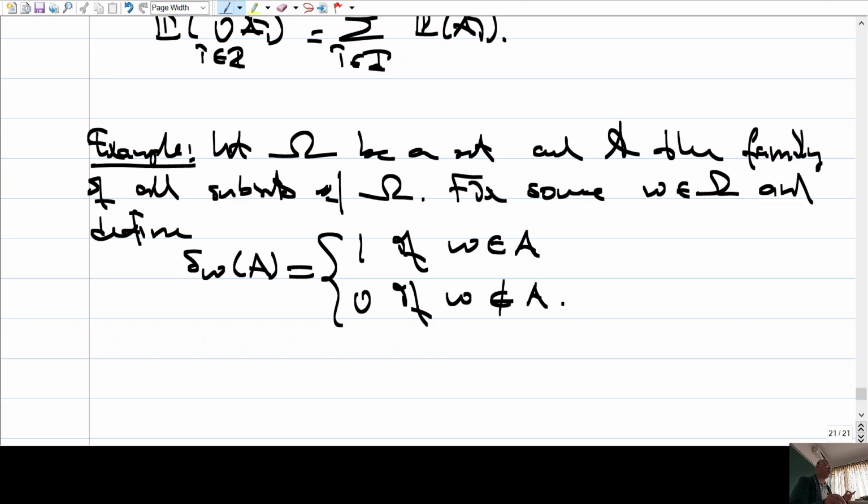And if omega doesn't belong to any of the A_i's, then the union will not contain omega. Therefore, both sides will have measure 0.